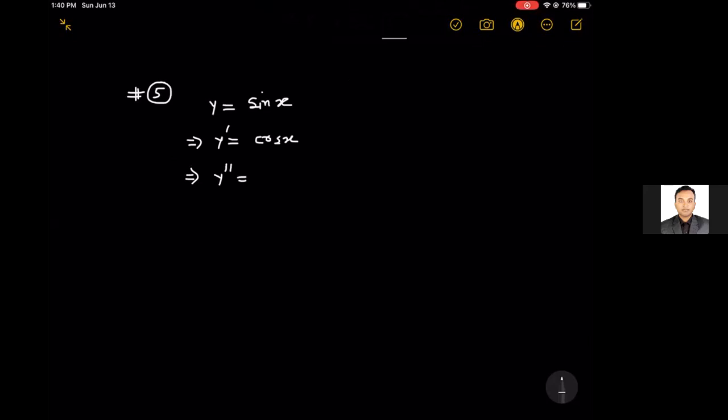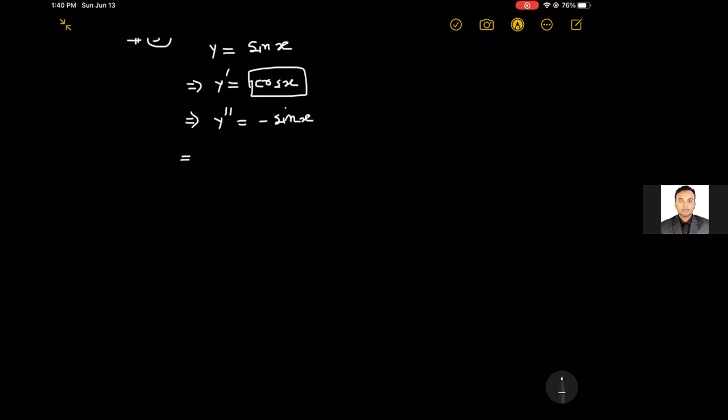That means now we're going to find the derivative of whatever we have after the first derivative, right? And the derivative of cosine x is negative sine x. Do you agree? What if I say find the third derivative for me?